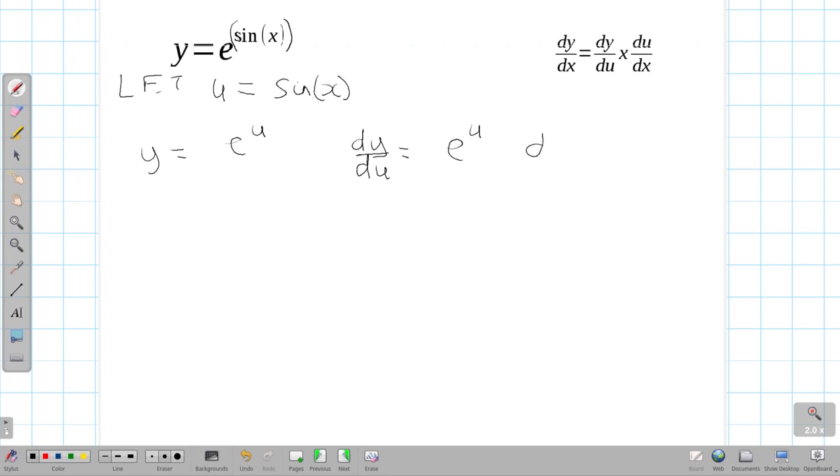And then we've got the derivative of the other part, du over dx. So that's the derivative of sine x. Easy one: cos x. So nothing complicated about that. Bring them back together as per the formula. So we've now got dy over dx equals e to the u times cos x.